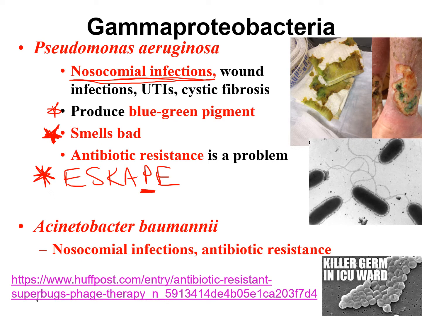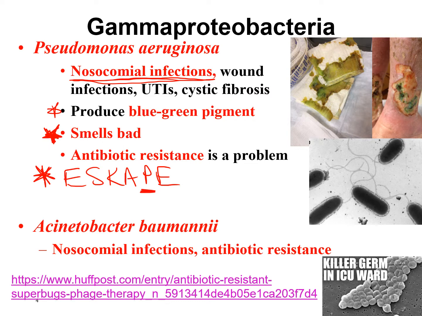So they're a problem. Okay, and then right below where we've got the patient with the green pus, right below that is a picture of the Pseudomonas aeruginosa bacteria, and you can see they've got some flagella there, and so that's what they look like. All right, our next gamma proteobacteria, we've got Acinetobacter baumannii, and this one is a pretty scary bacteria as well.